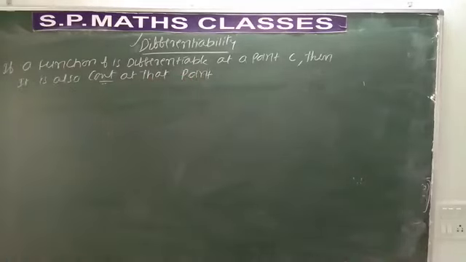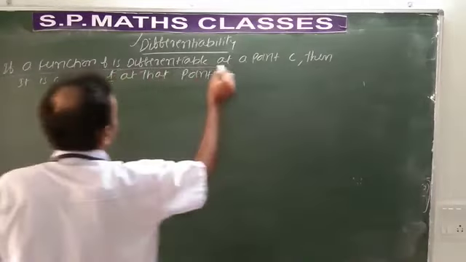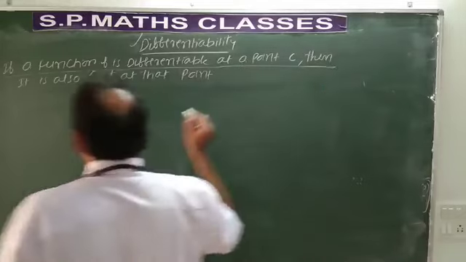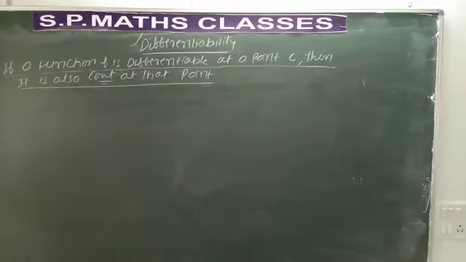This is what we need to prove. If a function f of x is differentiable at a point c, then it is also continuous at that point. At that point means at c.